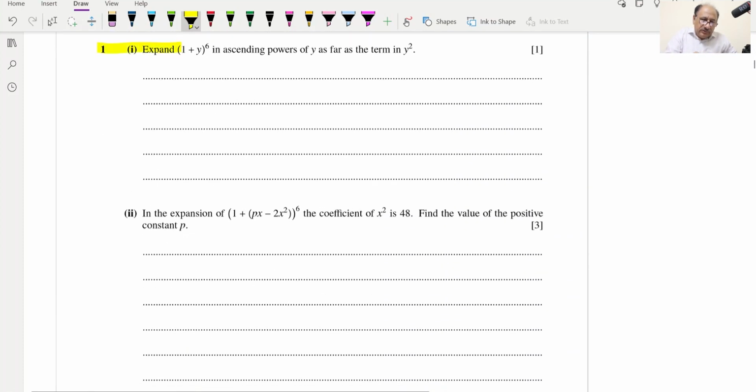Question 1 says expand (1 + y)^6 in ascending powers of y as far as the term in y squared.